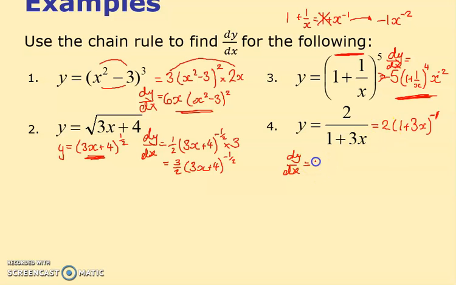It's got a 2 at the front, so I'll bring that power down and times it by the 2. That makes it minus 2 lots of the bracket to the power, knock 1 off, minus 2. But now, times by the differential of the bracket, which is just 3. So I can write that as minus 6 lots of 1 plus 3x to the minus 2.